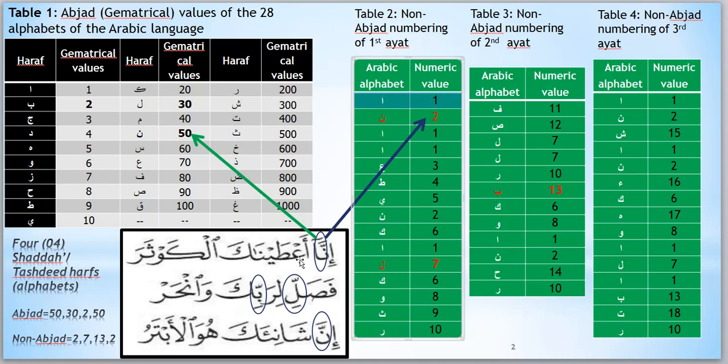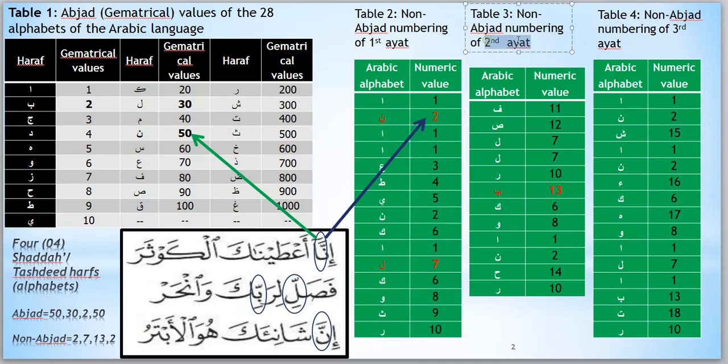The third appearance is Ain, so Ain will be 3, Toa is 4, and so on. Ya is 5. And like this, in table number 2, all the harfs used in the first ayat are placed and shown as numerical values in the right column also.